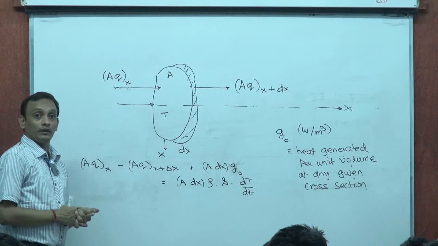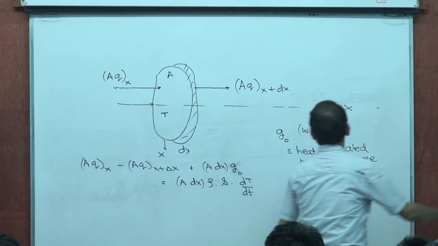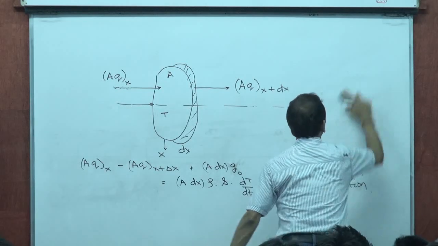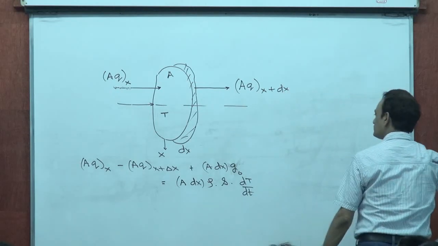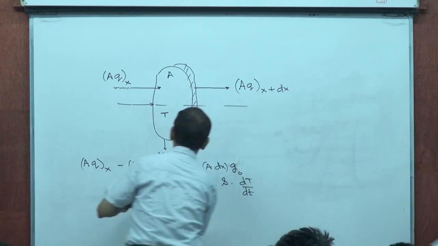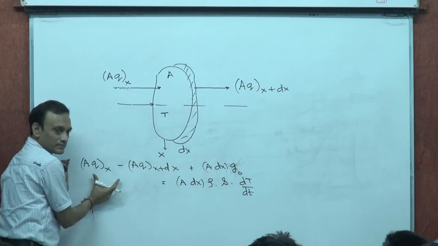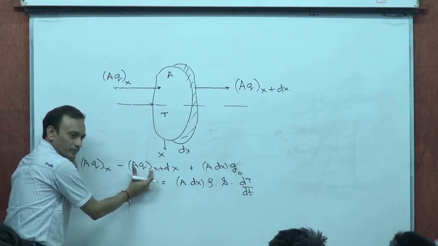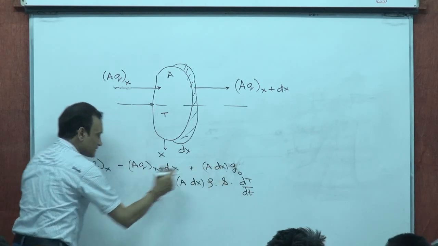Now, what we could do is, x plus dx. Let me divide by dx. Then this would be the negative of the change in AQ divided by dx, right?